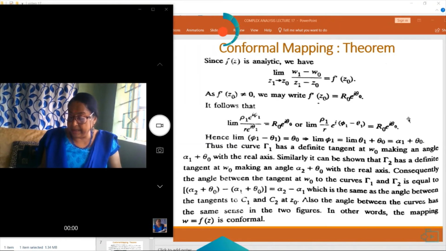So, comparing, we can say that phi 1 is equal to alpha 1 plus theta 0.